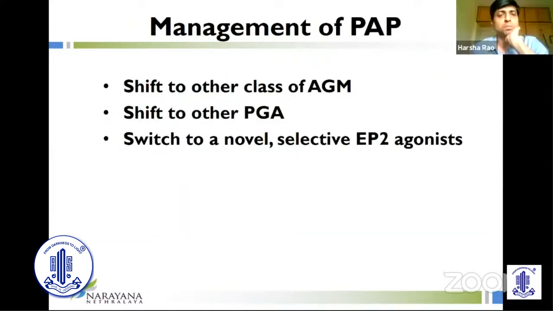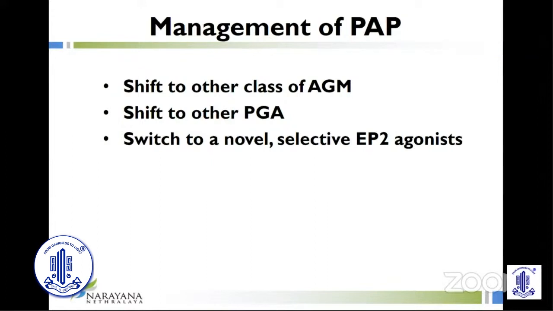So how do we manage PAP? The simplest is to shift the patients to other class of anti-glaucoma medications which don't cause this side effect. However, then we are denying the patients of the other benefits of a prostaglandin analog in that case.